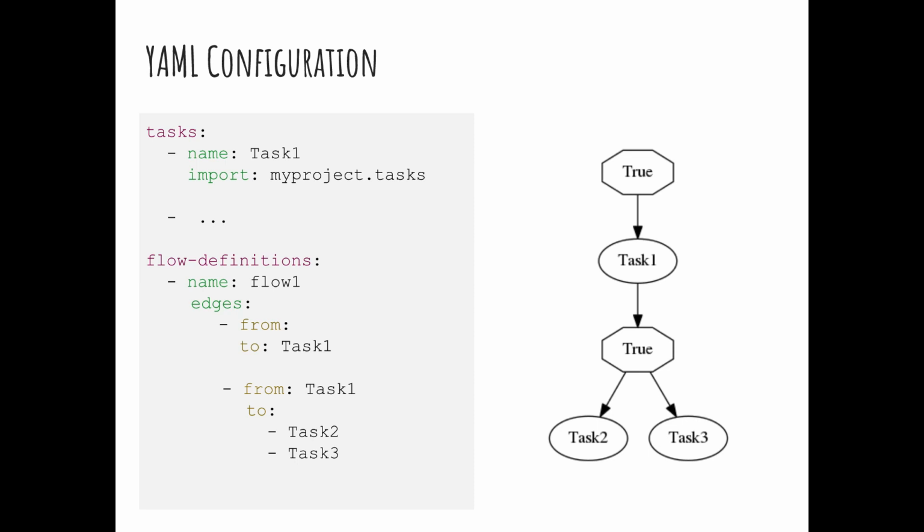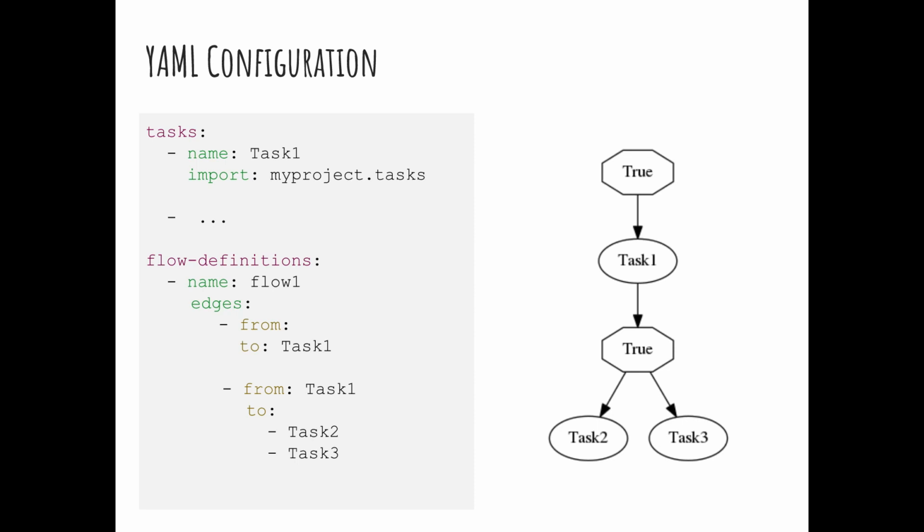The first one leads to task 1 and has no source or from stated, meaning that's the starting edge of our flow. So we start with task 1. After task 1 finishes, we run task 2 and task 3 in the second definition of our edge, and both task 2 and task 3 are run in parallel.